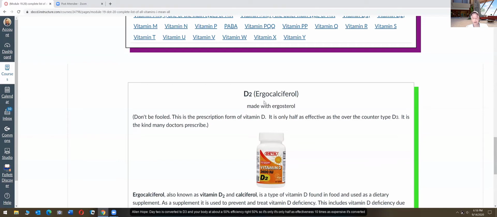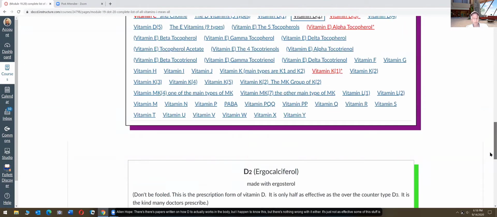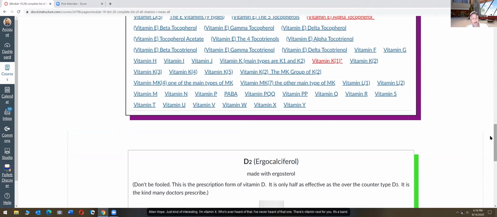So it's only half as effective, and it's 10 times as expensive. It's converted in the liver. It's converted actually to a hormone, and then the kidney actually converts that to a hormone that your body recognizes. It's complicated. There's papers written on how D2 actually works in the body, but I happen to know this. But there's nothing wrong with it either. It's just not as effective.